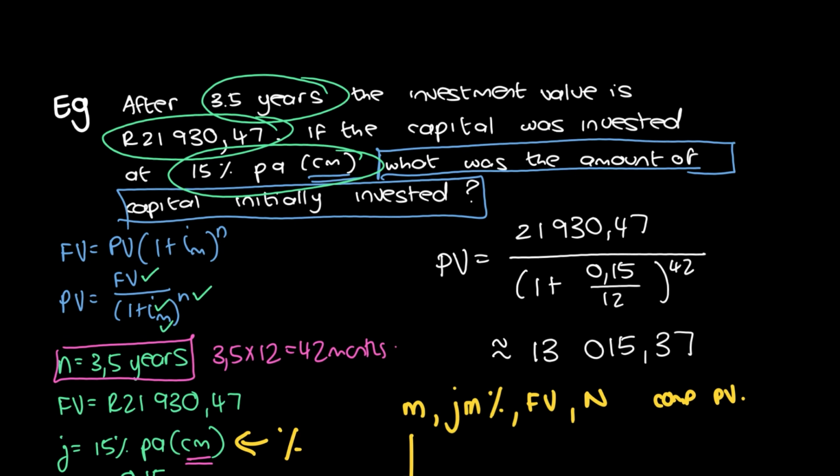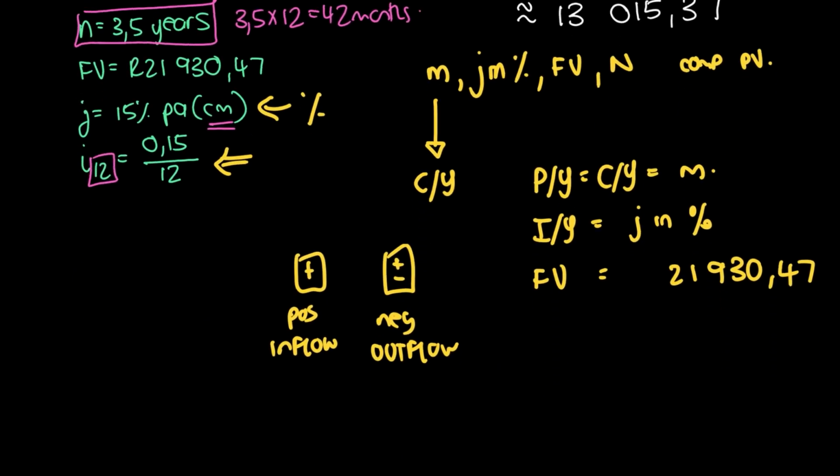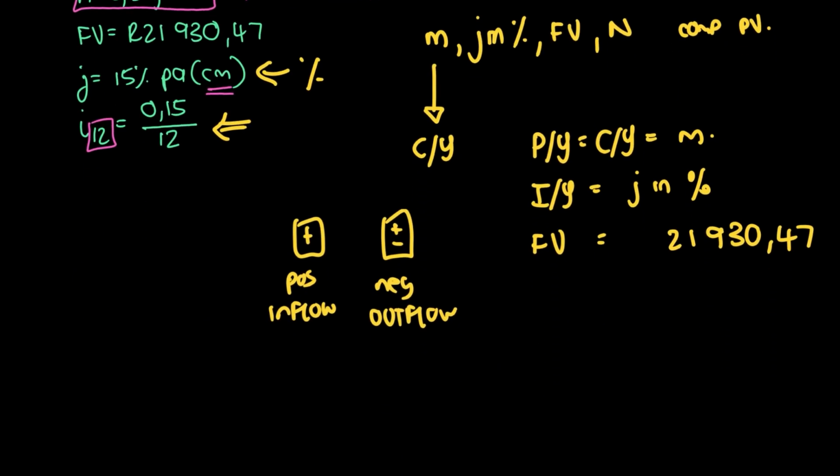It's an outflow of money from us when we give it to the bank. So the present value for us would be negative. And then when the bank gives us the money back, in other words, when the investment ends, it would give us the money back. That's an inflow of money to us. So our future value is positive.